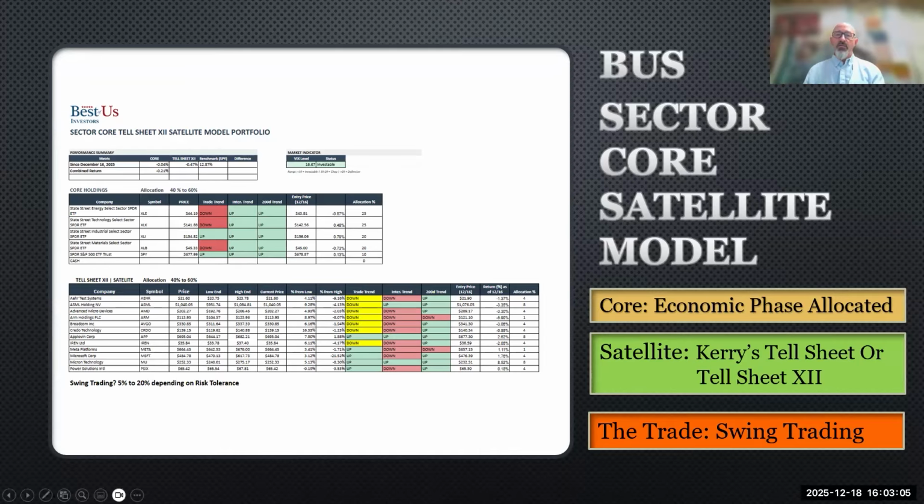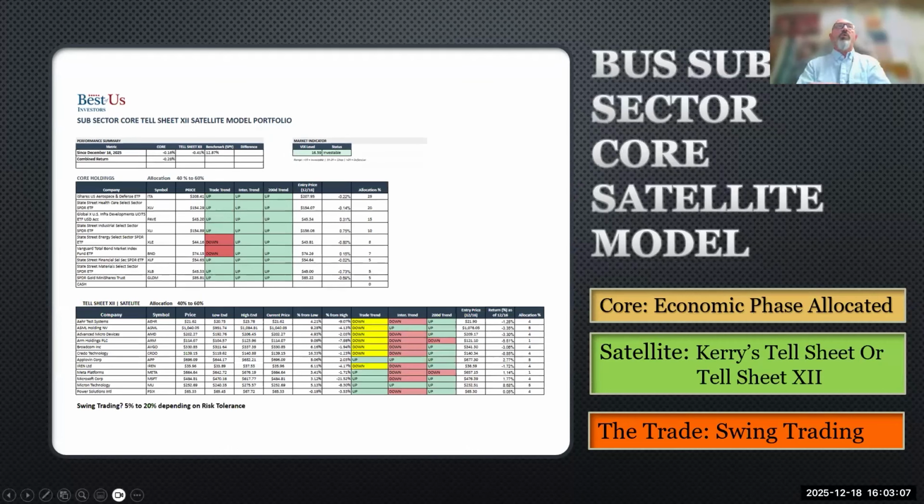Now, if you wanted to get a little bit more aggressive, because there would be more volatility, in the subsector core portfolio, this is identifying the sectors that I see performing well based on the economic phase that we're in, but looking at the subsectors, in particular the granular side of it, what in those sectors are going to do well as subsectors. And so here you have a bigger core holdings.